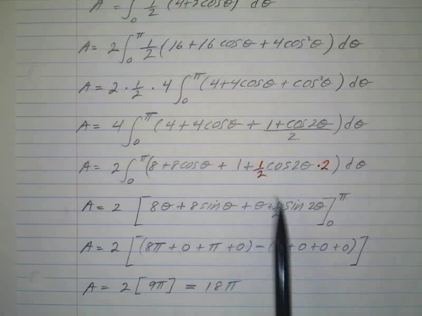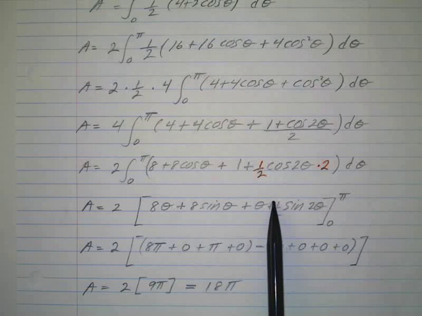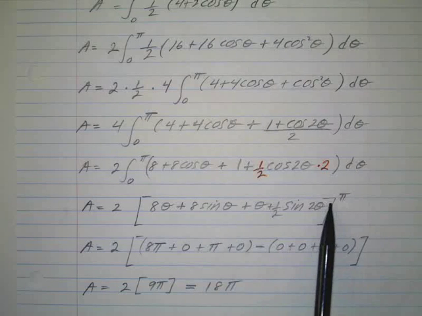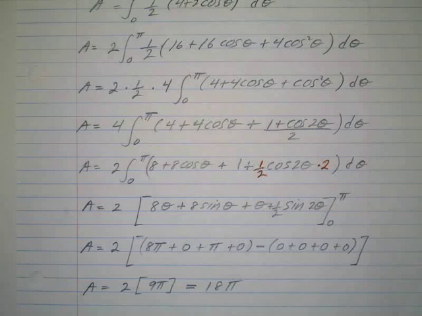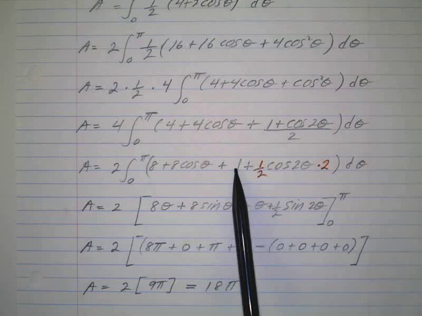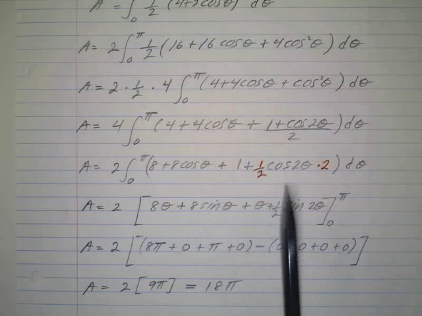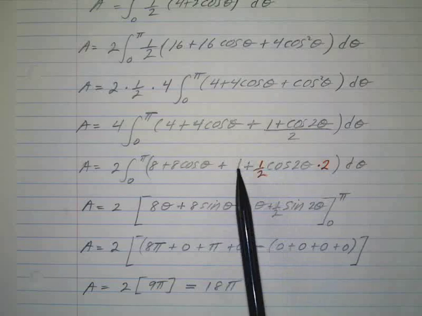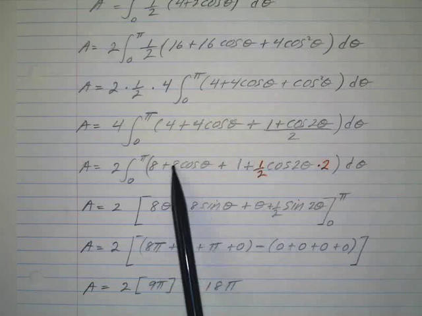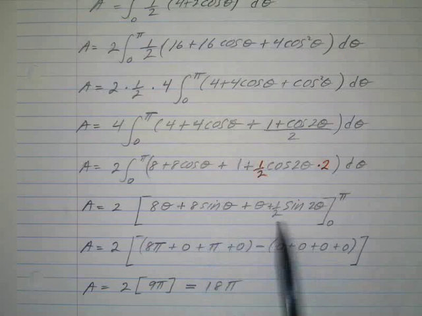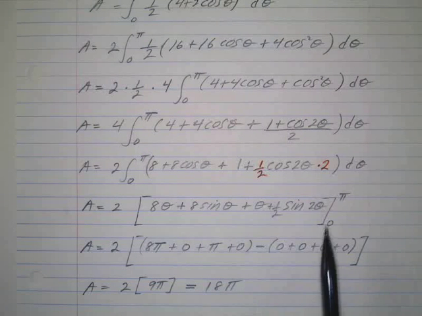If you take the derivative of the sine, you get the cosine of 2 theta times 2, and those 2's would cancel, so that works. Okay? And then the antiderivative of 1 is theta. It's all with respect to theta. So that becomes 8 theta, plus 8 sine of theta, and 1/2 the sine of 2 theta.